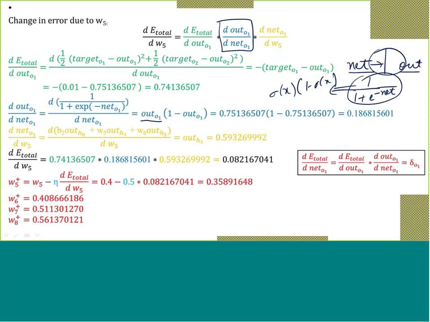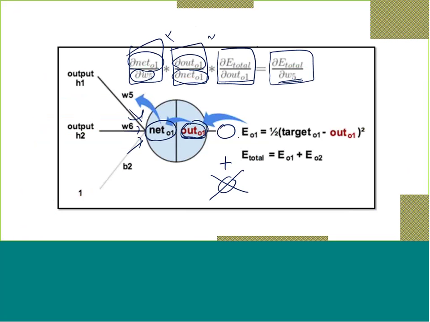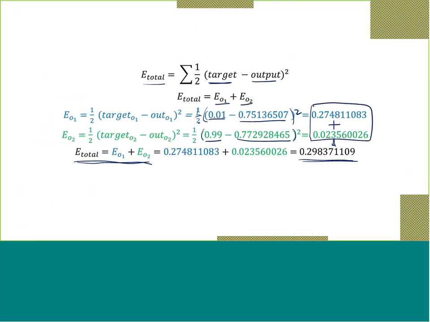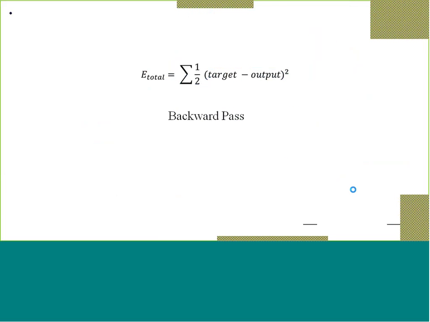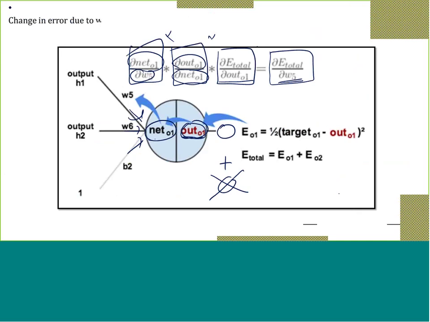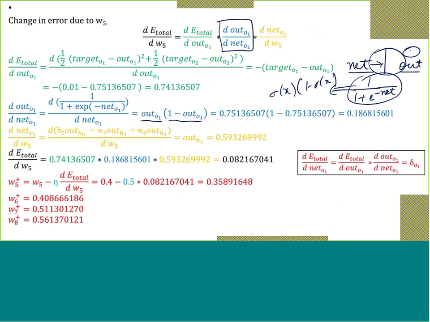I am using the value of out 1 which I already calculated here. When I calculate it, I got this value.